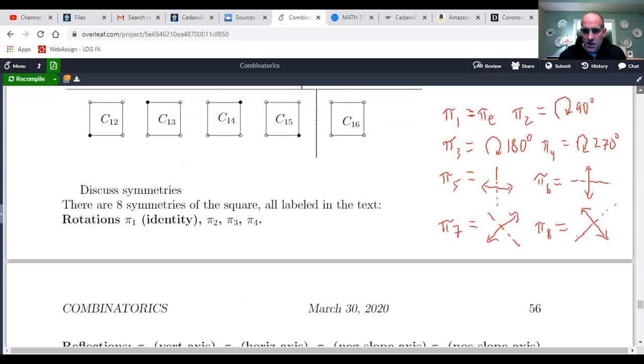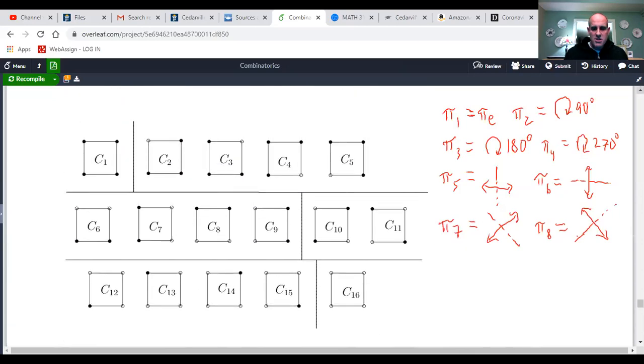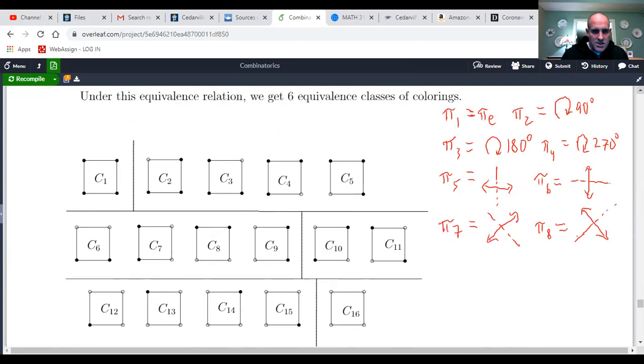All right, so those are the things, and I just wanted to write those down for our benefit later on as we work through these colorings. So here were our various equivalence classes. T would just be the set of these things: T is equal to the set C1 through C16.